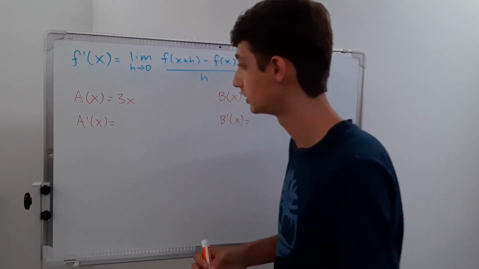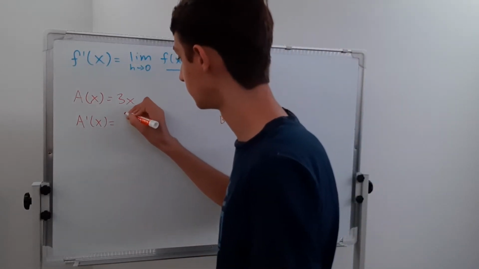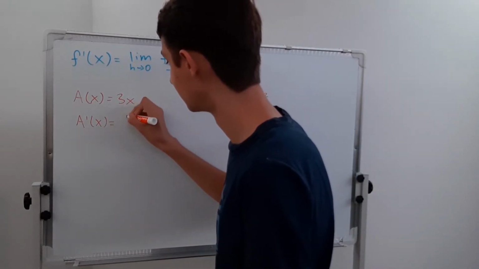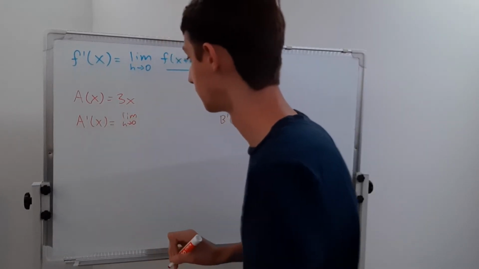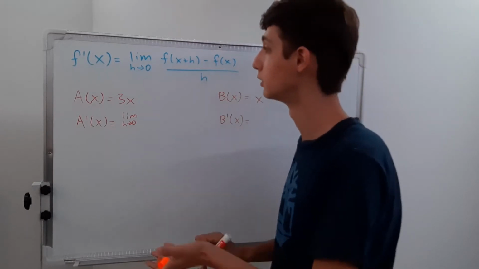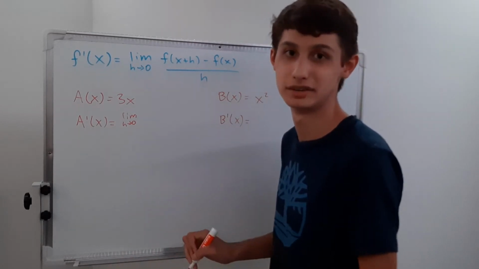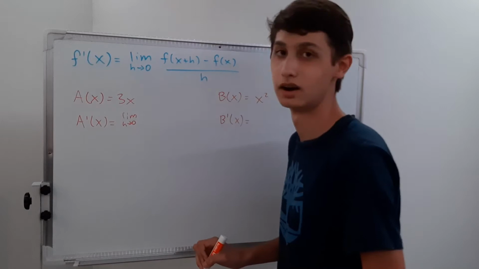Well, plug everything into here. So remember, always write limit as h approaches 0, okay? Always write that, because if you don't, then it's technically wrong and your teacher might reduce points, ours would.